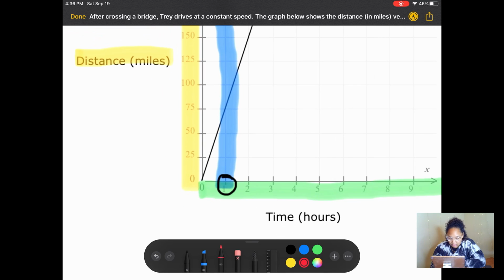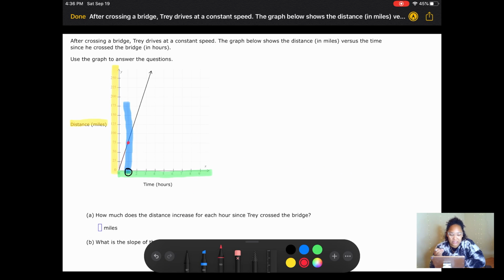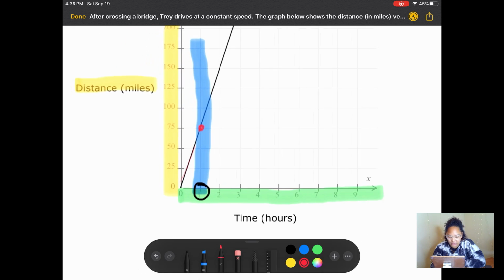Now, as I showed you there, it crosses that black line, this line right here, at this point. So at that point, at 1 hour, what is the distance that he traveled? Because that's what we're asked: how much does the distance increase for each hour?